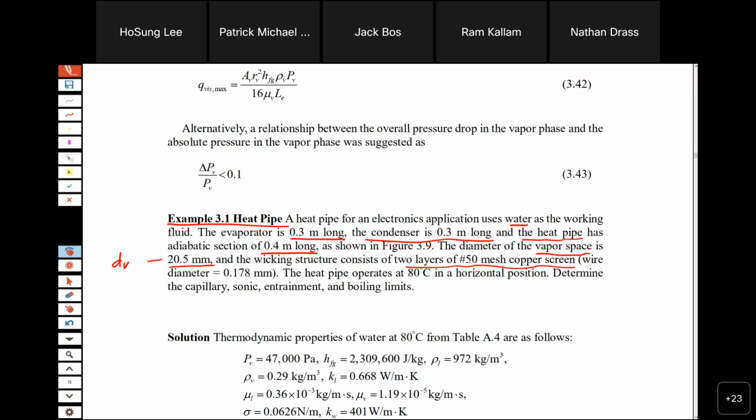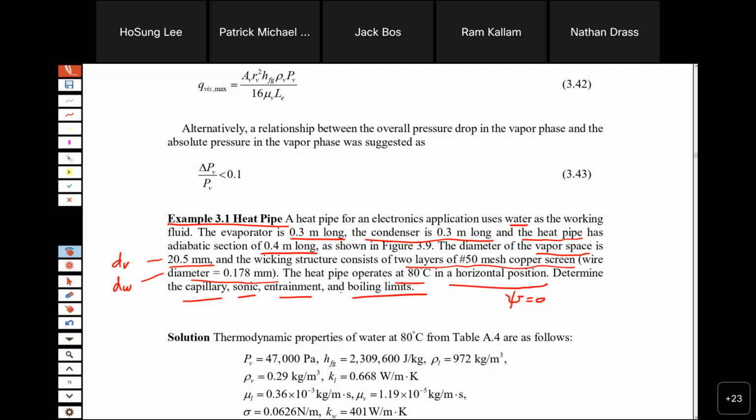So the wicking structure is copper, and the wire diameter is that. And the heat pipe operating temperature is 80, horizontal. So there is no tilt, phi is 0, horizontal. Determine the capillary, sonic, entrainment, and boiling limits.